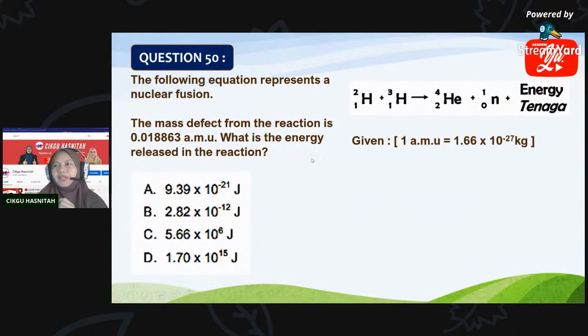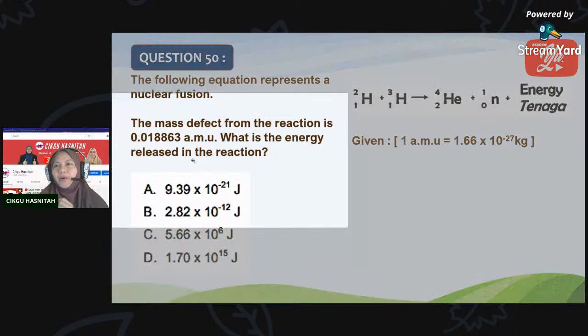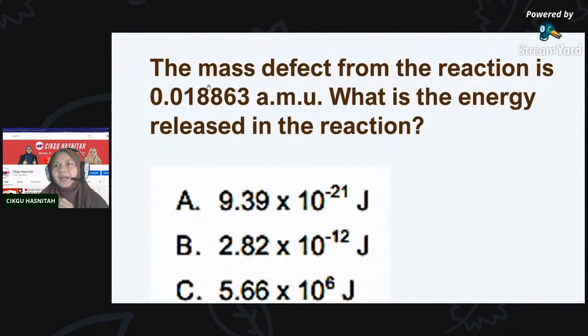So we want to know this amount of energy produced. They give you the mass defect from this reaction, which is 0.018863 AMU. They only want you to find the energy released in the reaction.